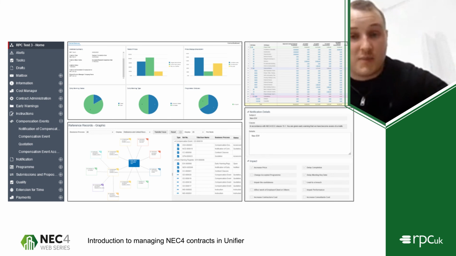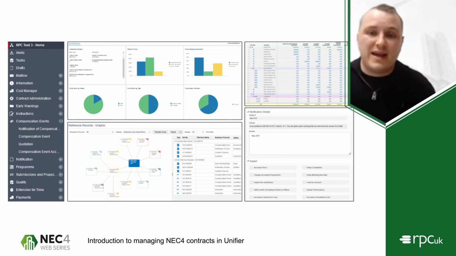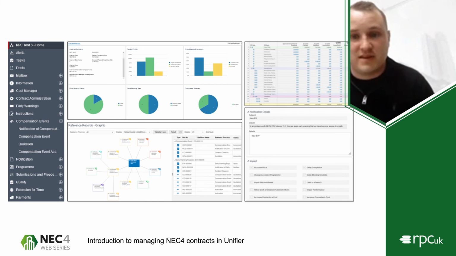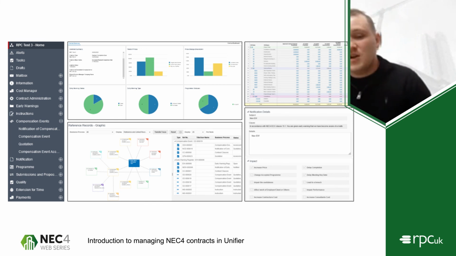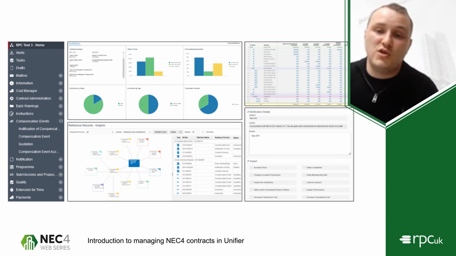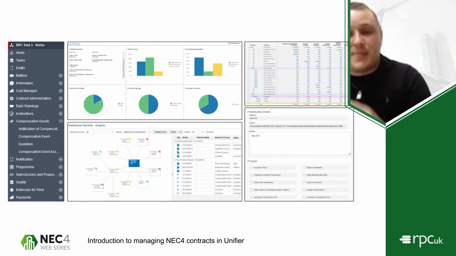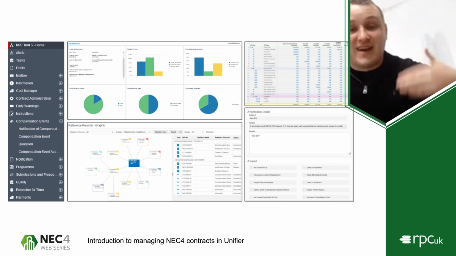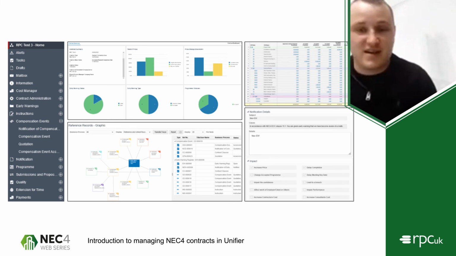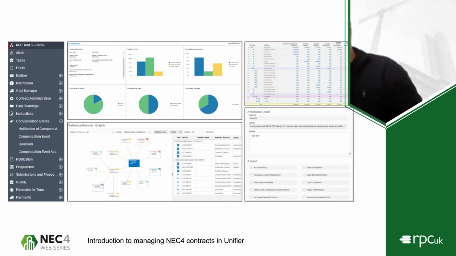So when you're submitting a payment application or certified payments, again, all of those will be done against the costed items within the system. So as soon as you certify a payment in the system, it'll automatically feed all the information from the payment certificate back to our contract level cost sheet. And I sound like a broken record here, but then it'll flow up to our project level, etc., as well.